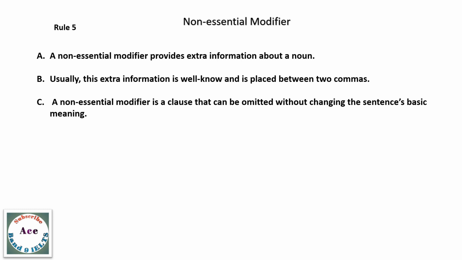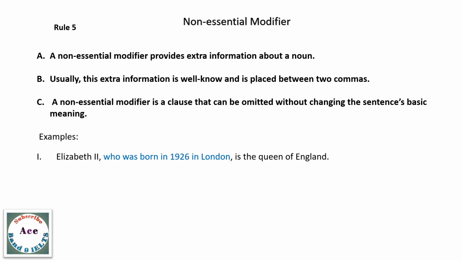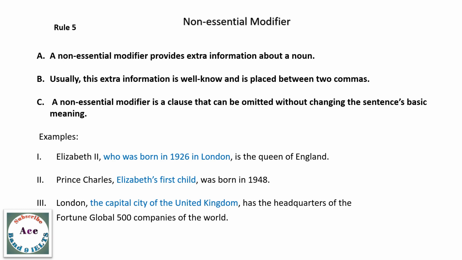A non-essential modifier is a clause that can be omitted without changing the sentence's basic meaning. Look at these examples. The clauses in blue are non-essential modifiers. Even if these non-essential modifiers are removed from the sentence, the basic meaning of the sentence doesn't change.